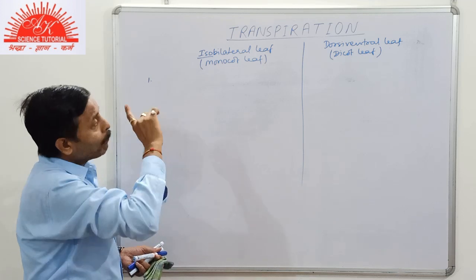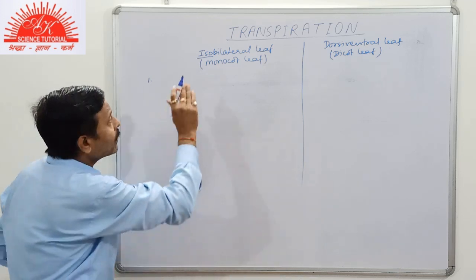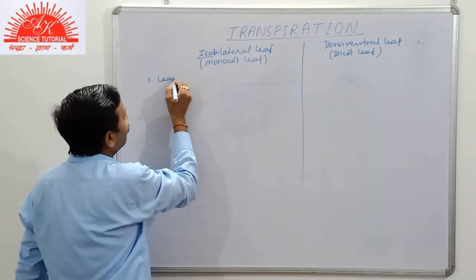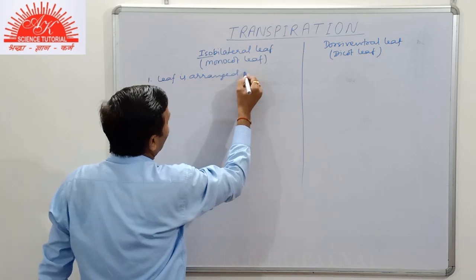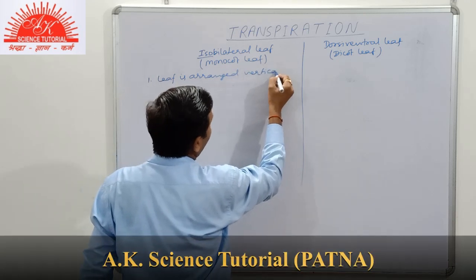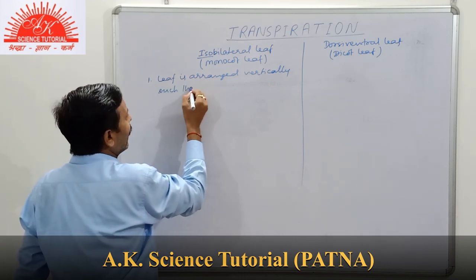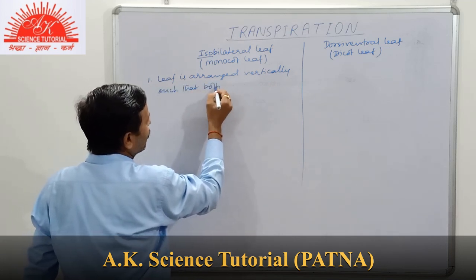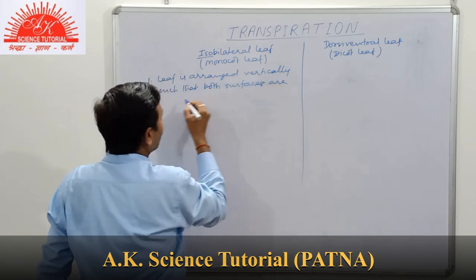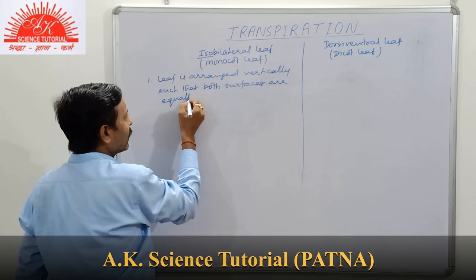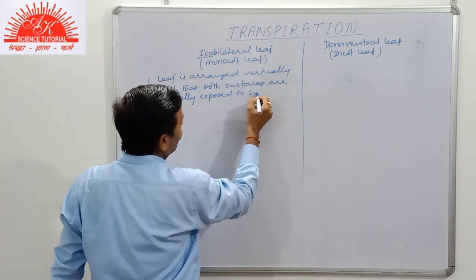First point, about the arrangement of leaves in the plant. In isobilateral leaf, the leaf is arranged vertically such that both surfaces are equally exposed to sunlight.